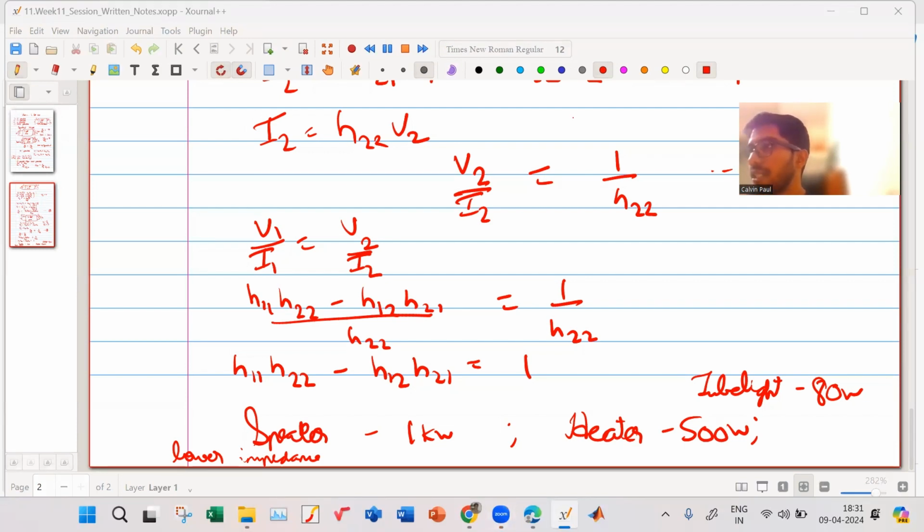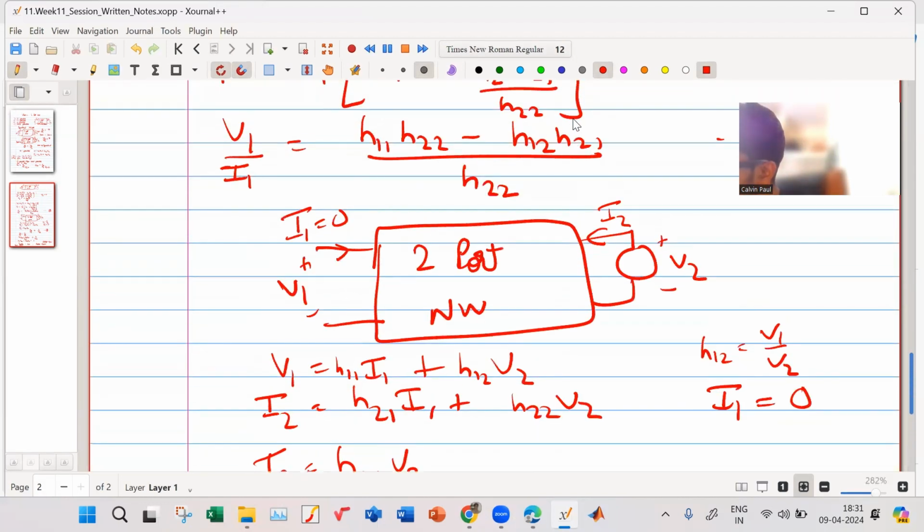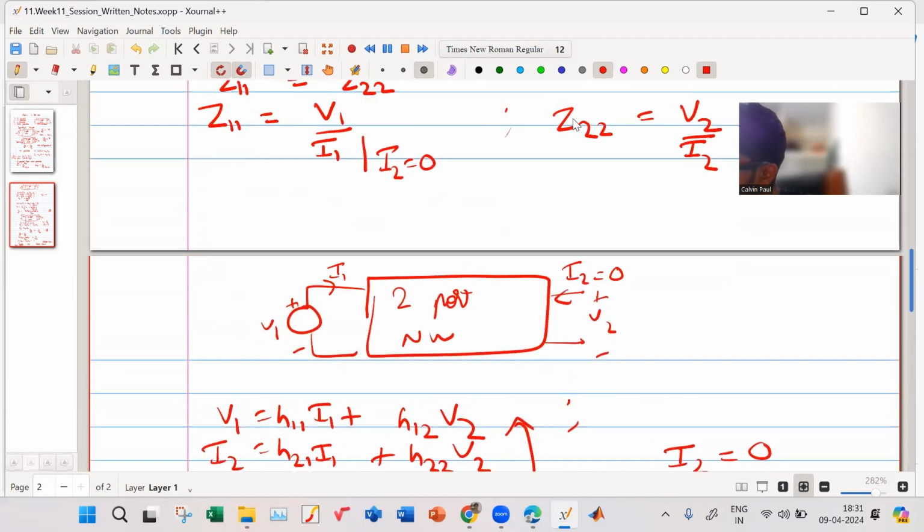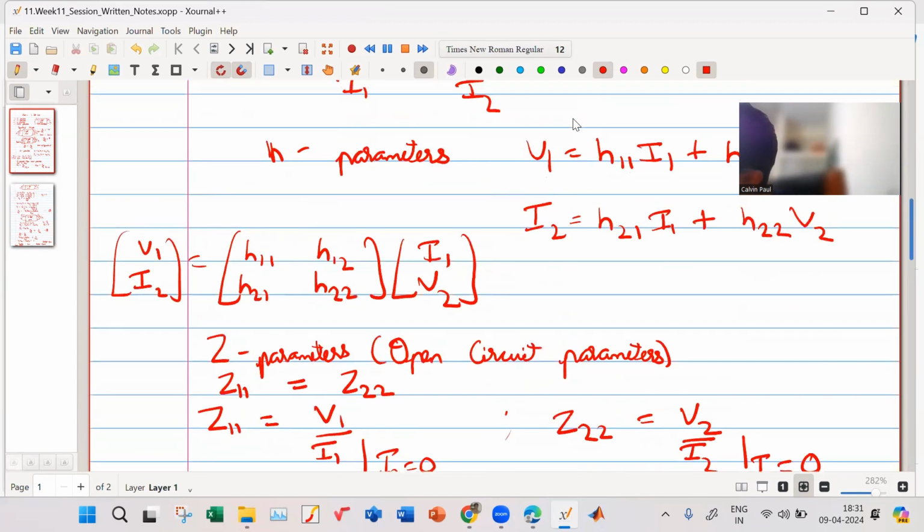See, your parameters are considered at some particular operating point. At some operating point, you have determined the H parameters of your network, and you will be using that. Now if you want to find the H parameters of your network, what do you do? These are your H parameter equations.